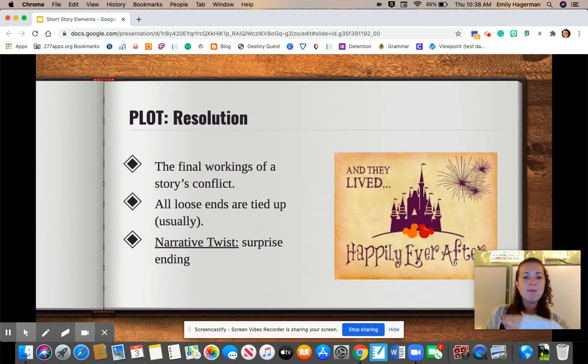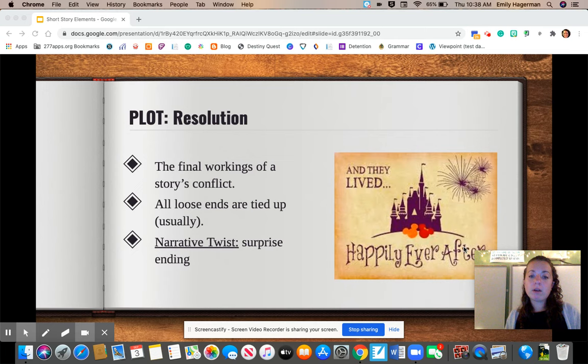Until that last end bit, which is the resolution, the final workings of the story's conflict. This is when we usually tie up all the loose ends. So we're like, okay, good, he's king again, everyone's happy, or when we are just saying happily ever after they get married.